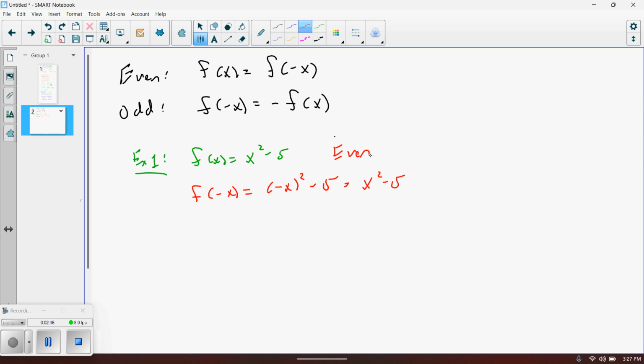All right, let's try one where maybe we're going to get some kind of a different result. Let's try f of x equals, let's go with 5x cubed minus x.